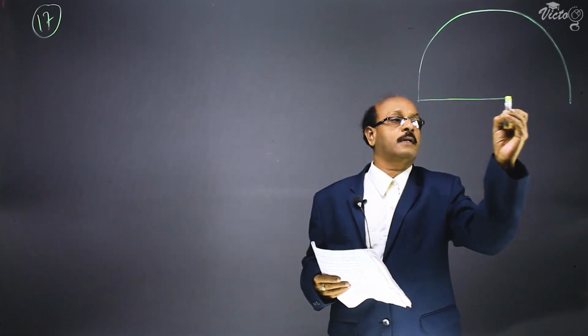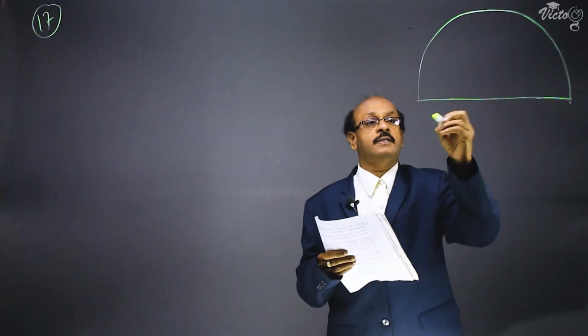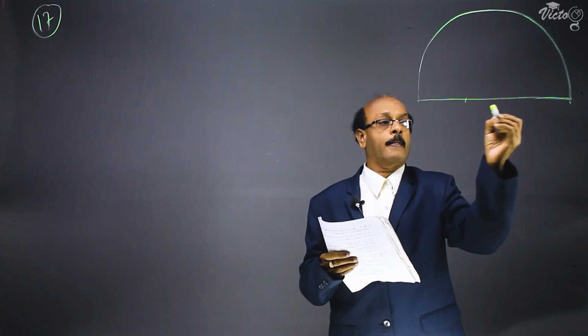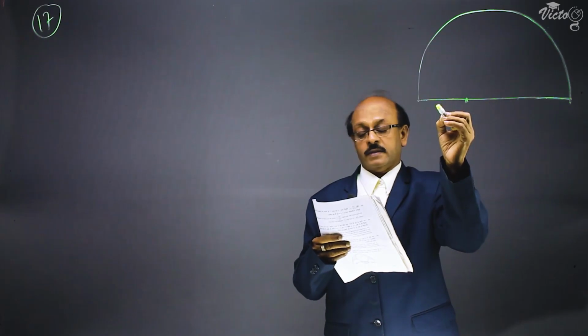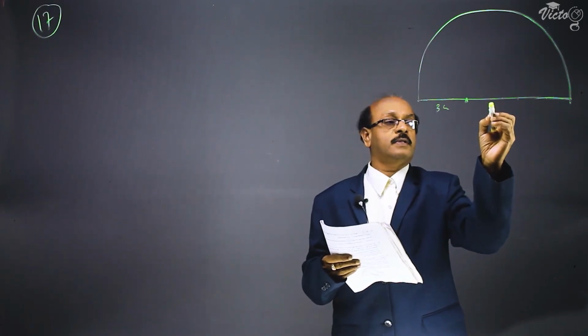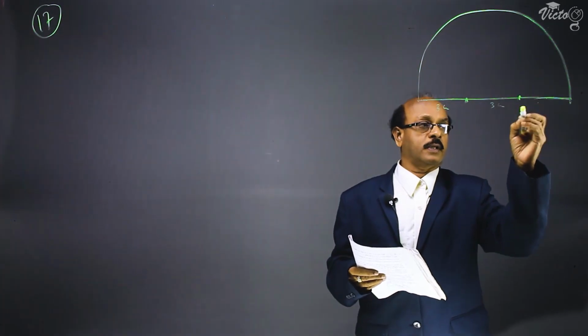There is a large semicircle of radius 4.5 centimeter. Here this is 3 centimeter. This is also 3 centimeter. This is also equal to 3 centimeter.